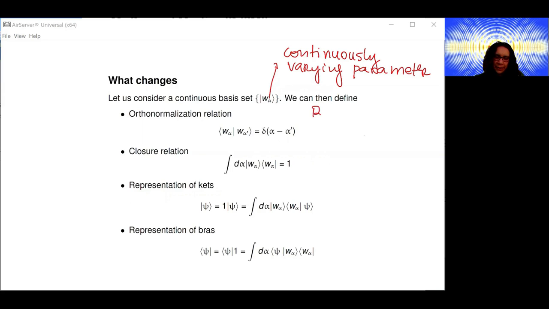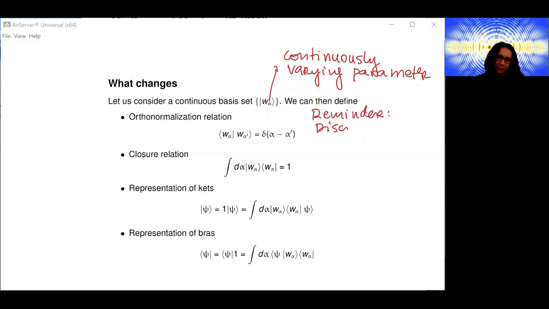And just to remember, when you had a discrete basis, the orthonormalization relation was defined by taking a state vector psi j and psi i, so bra psi j, ket psi i, and this was the Kronecker delta. So you can see actually this change that I mentioned at the beginning of the clip taking place.